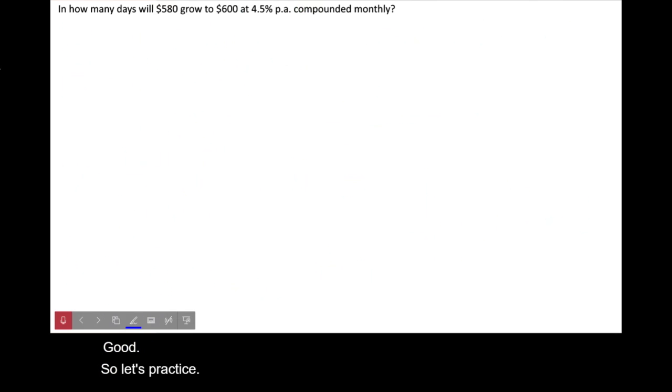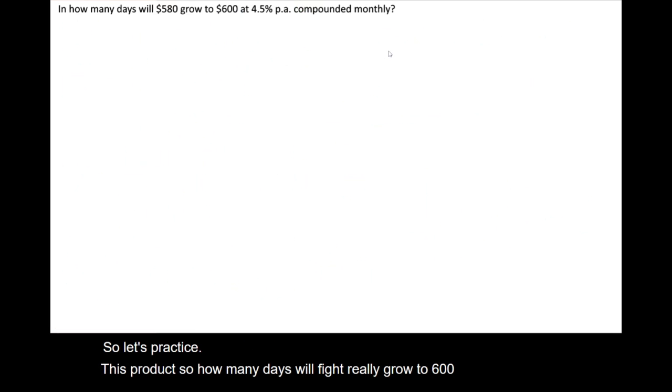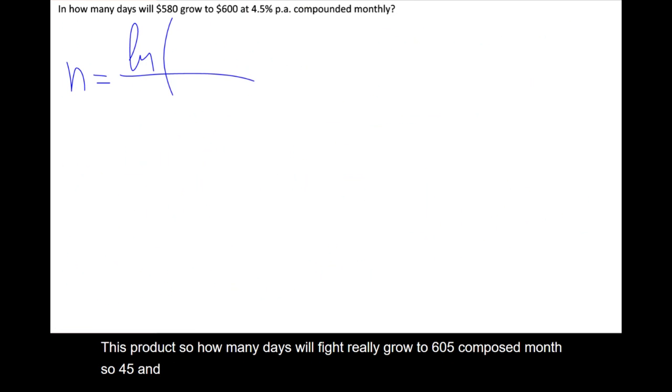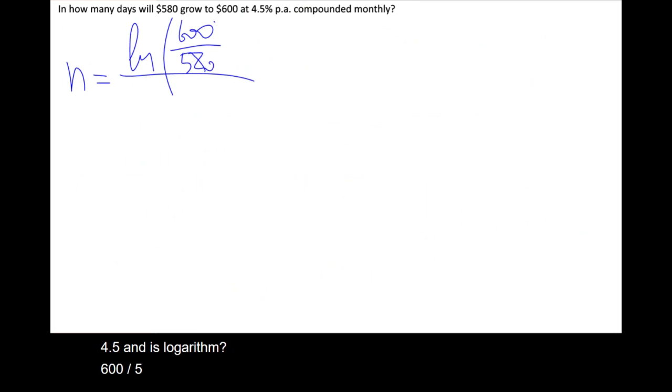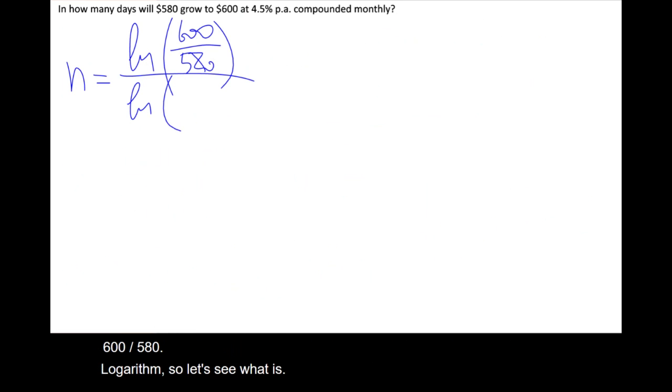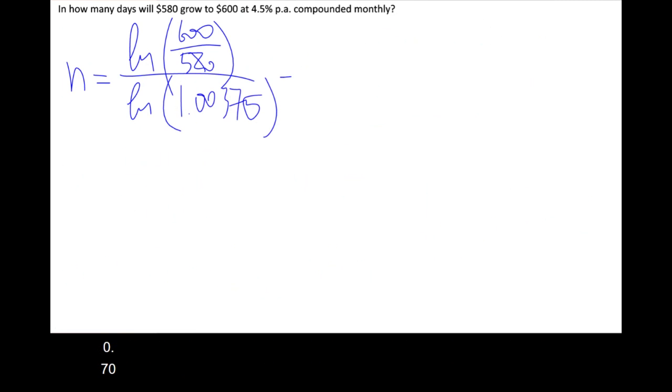In how many days will 580 grow to 600 at 4.5% compounded monthly? So N is the logarithm of 600 over 580, over the logarithm of... So let's see what is 4.5 monthly. 0.00375.